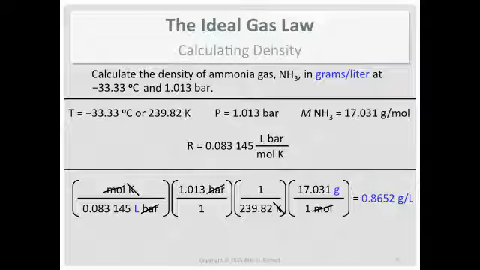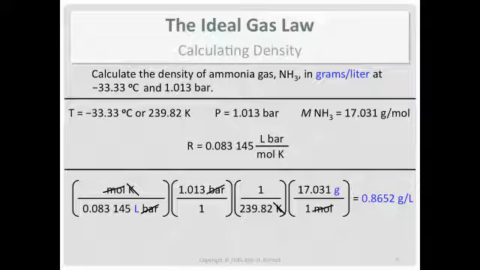It's difficult to judge if this is a reasonable value just by looking at the number. A really quick comparison, if you remember the density of liquid water at room temperature, it's about 1 gram per milliliter. Okay, now this is about 0.9 grams per liter.